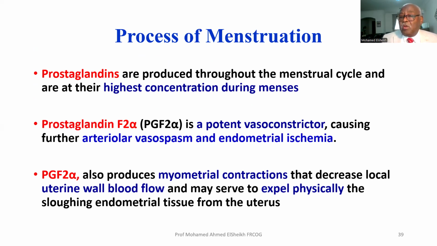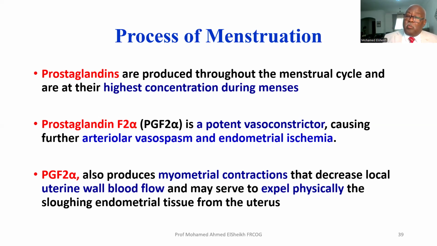These contractions can produce cramps the lady feels, but equally important, they decrease the local uterine wall blood flow and may serve to expel physically the sloughing endometrial tissue within the uterine cavity.